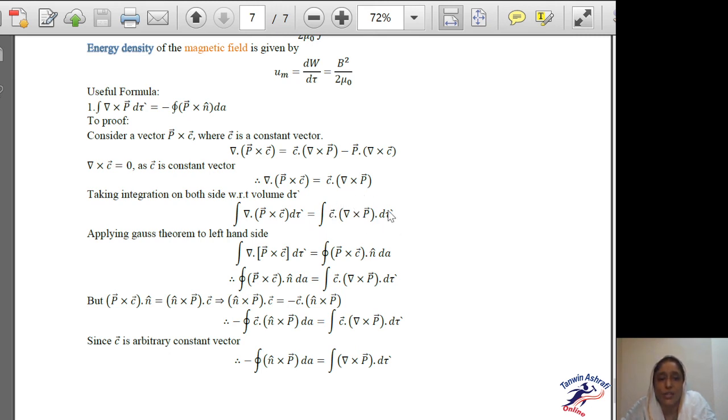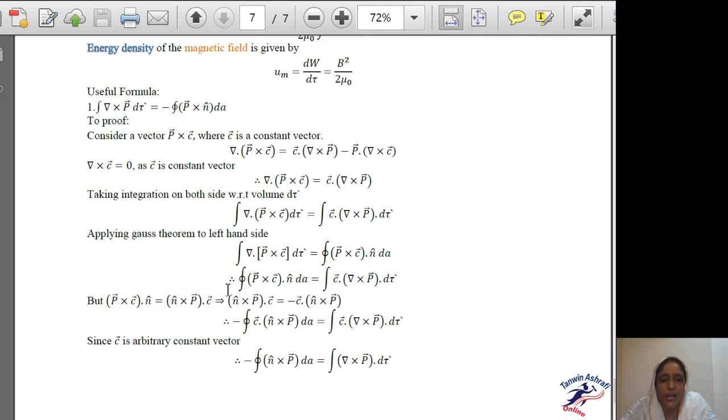By applying the Gauss theorem on the left hand side, we will have integration of del dot P cross C d tau equal to integration over closed area of P cross C dot n cap dA. Now, if you look at this term very closely, P cross C dot n cap is nothing but n cap cross P dot C.